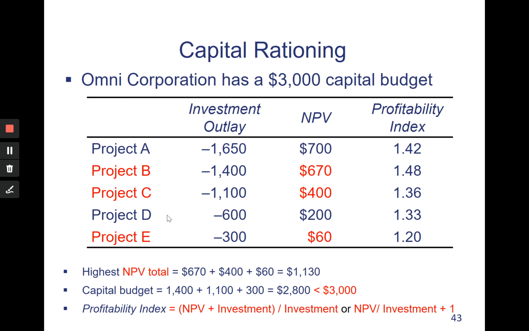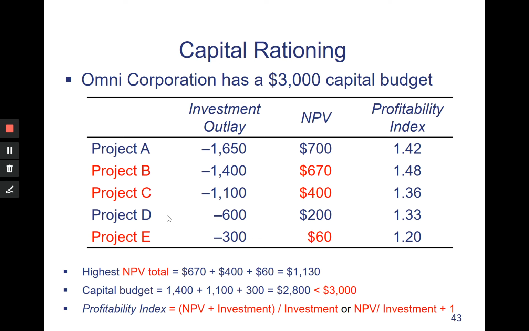So the highest net present value total under this capital rationing is 650 from project B, plus 400 from project C, and plus 60 from project E, which is 1,130.